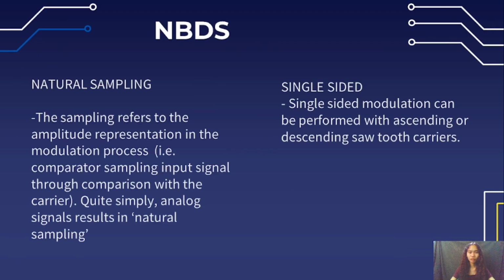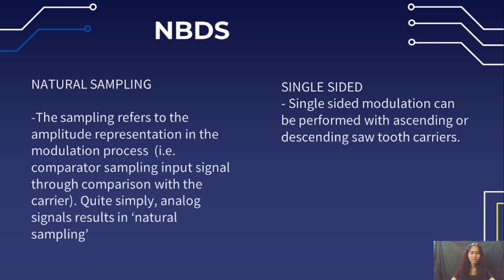Before explaining more about NBDS, I want to define its characteristics. As I said earlier, NBDS belongs to natural sampling. So what is natural sampling? The sampling refers to the amplitude representation in the modulation, such that a comparator samples the input signal through comparison with the carrier.